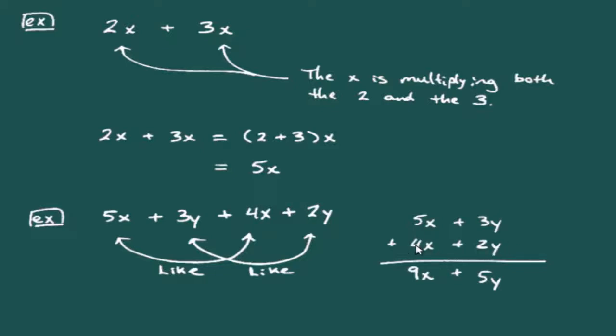Now here in doing this, we've kind of put the like terms together. The x's are together above one another, the y's are together above one another, and so we can just think about adding those. 3y plus 2y gives us 5y. 5x plus 4x is going to give us 9x.